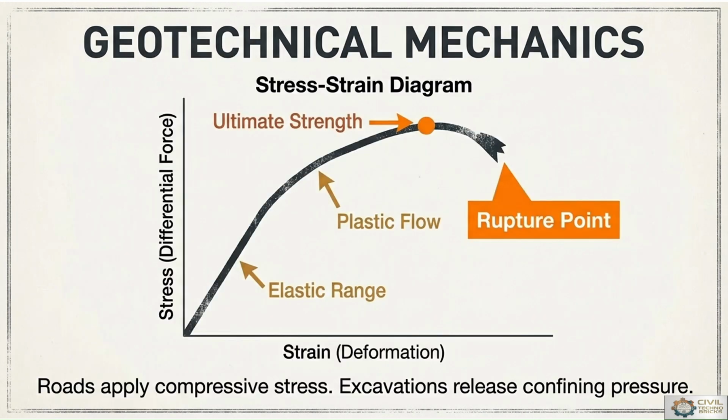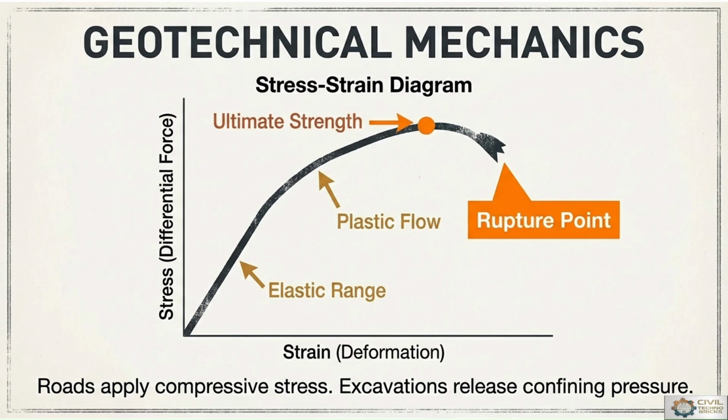Geotechnical mechanics is an important part, which shows the stress-strain diagram, where strain or displacement or deformation is on the x-axis with reference to the stress, where differential forces are acting on the same part.